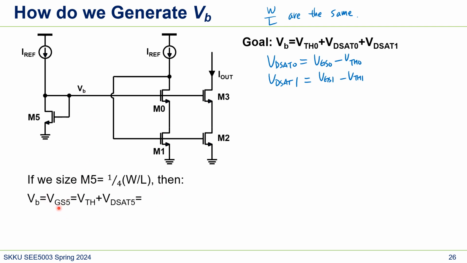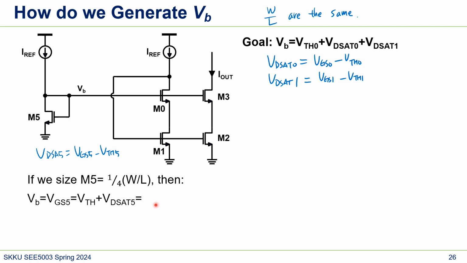VB is of course VGS5, right? This is obvious. And as I said here, VDSAT5 is VGS5 minus VTH5, right? So it becomes this.